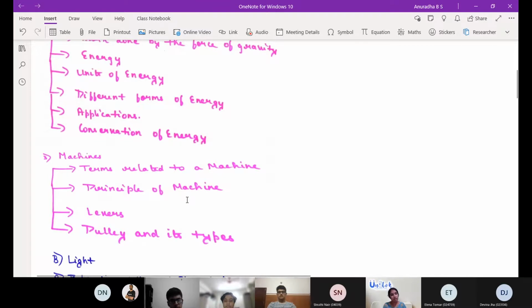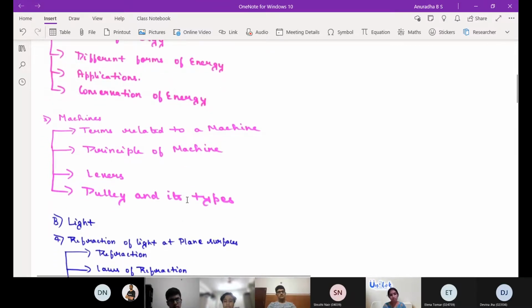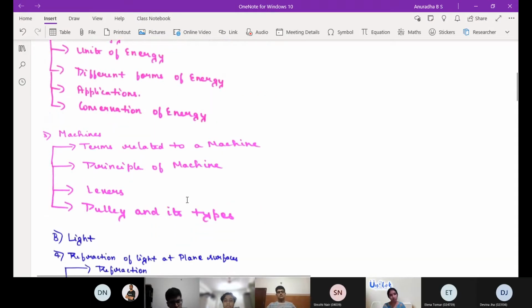And the other third unit which comes under part A is machines. So you will be learning about some terms related to machines, like what is load and all. See, what is the principle of a machine?